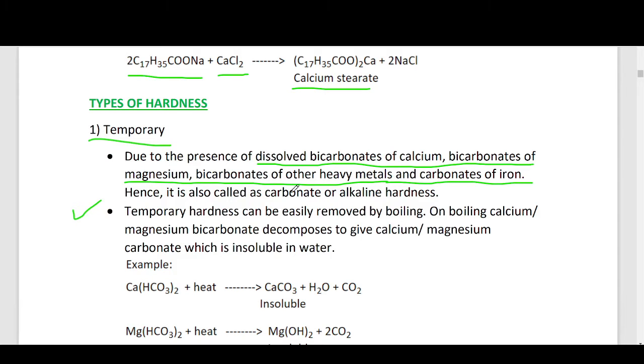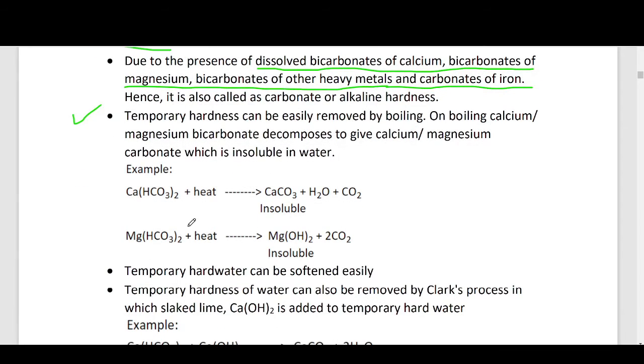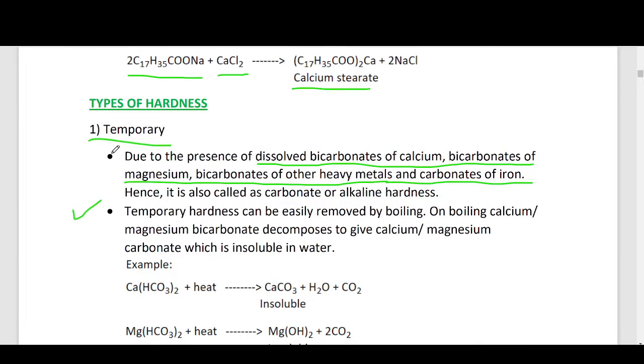Basically, temporary hardness is due to dissolved bicarbonates of calcium, bicarbonates of magnesium, other heavy metals, and carbonates of iron. Here we have bicarbonate of calcium. Here we have bicarbonate of magnesium. The first method to remove temporary hardness is by boiling. On boiling, calcium magnesium bicarbonate decomposes to give calcium magnesium carbonate, which is insoluble in water. So here is an example.